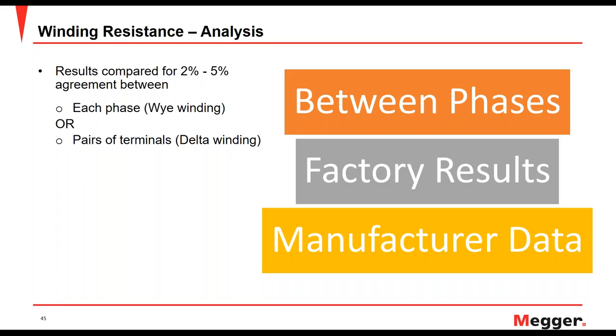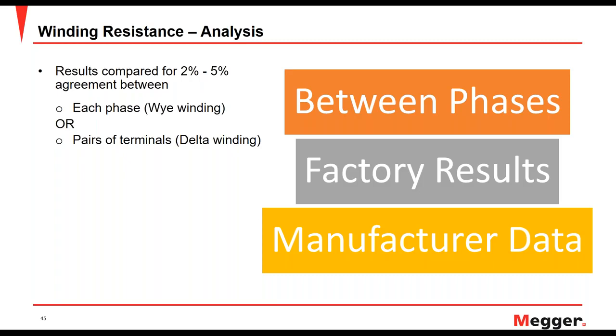You could also have situations where the transformer had been tested for winding resistance at the factory per standards, and you can compare those factory results to your present day results. There's an important caveat there, though, that it's crucial to have the resistance values at the same temperature. So they need to be corrected to the same temperature to make a sound comparison.